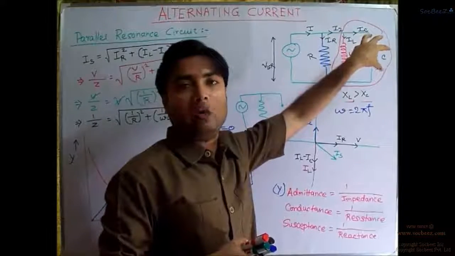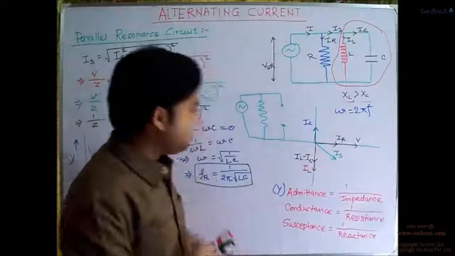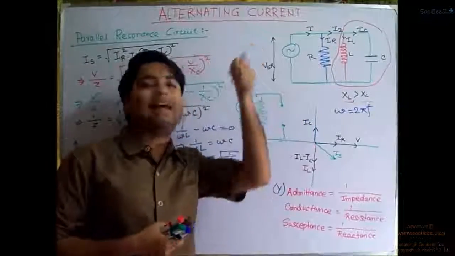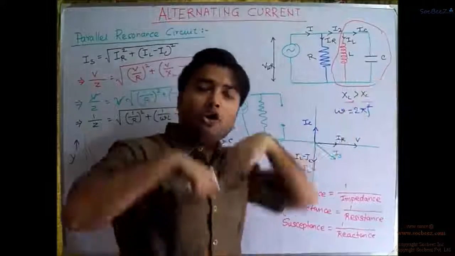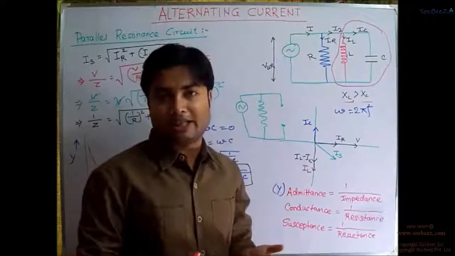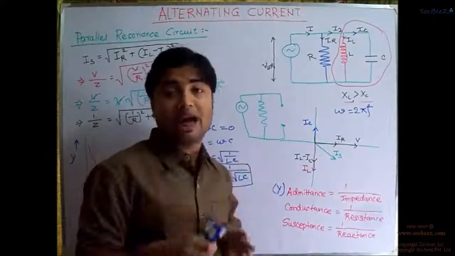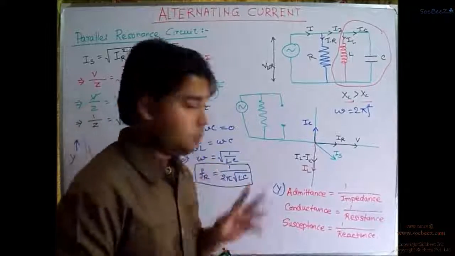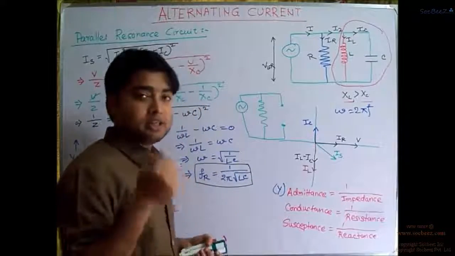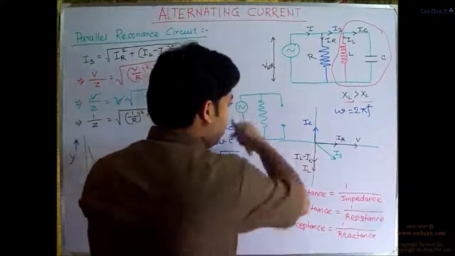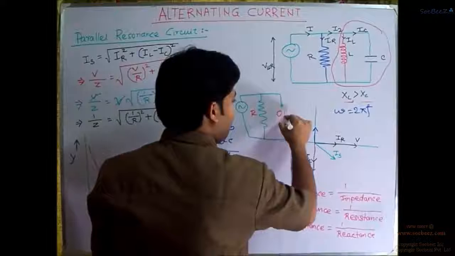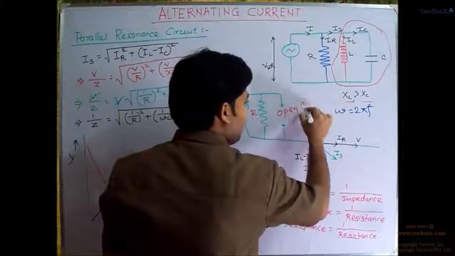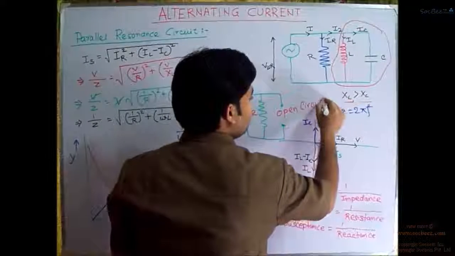It will not allow any current I to flow through it, so it will act like an open circuit. Having it here or not having it here will be the same if the reactance is equal to infinity, which means that the susceptance is equal to 0.